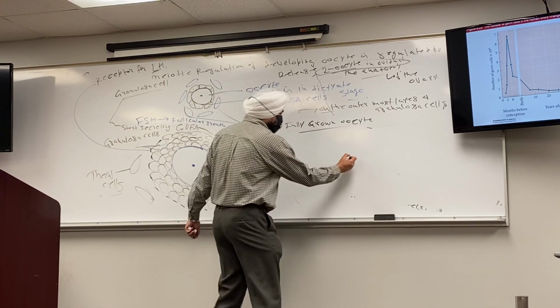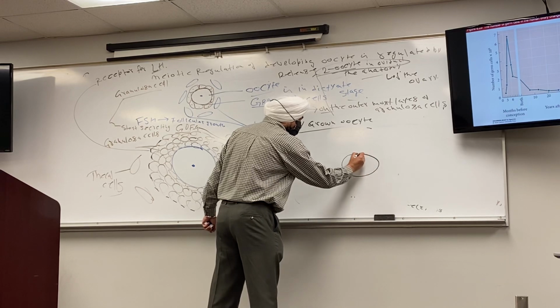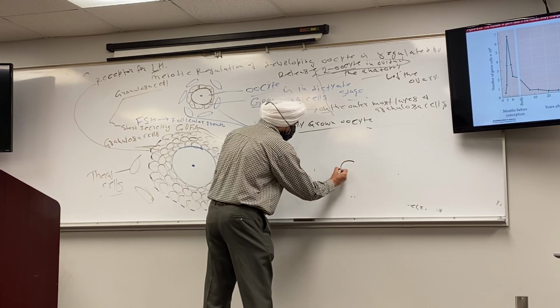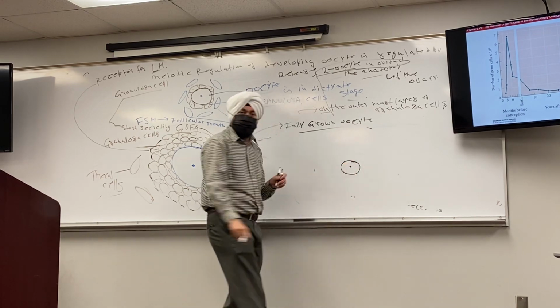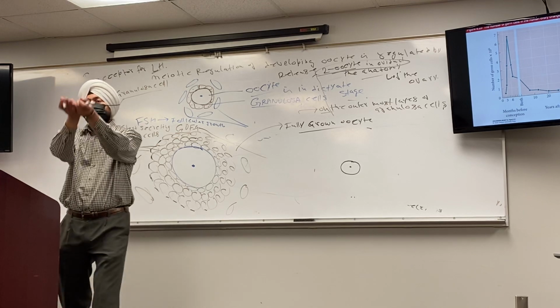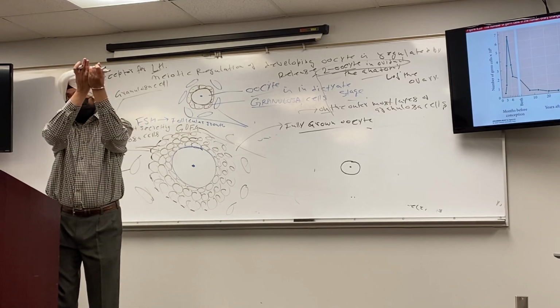You will have an oocyte right here, draw it a little bit smaller so that I can draw here. So this will be your oocyte, right? Remember we said that the oocyte secretes extracellular matrix, right?